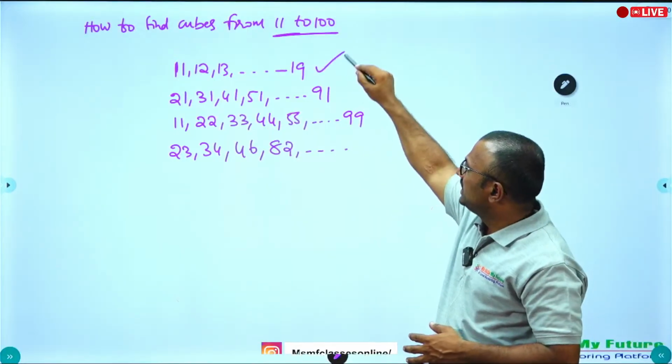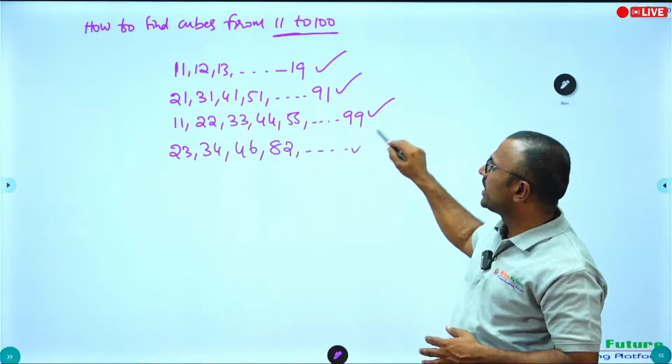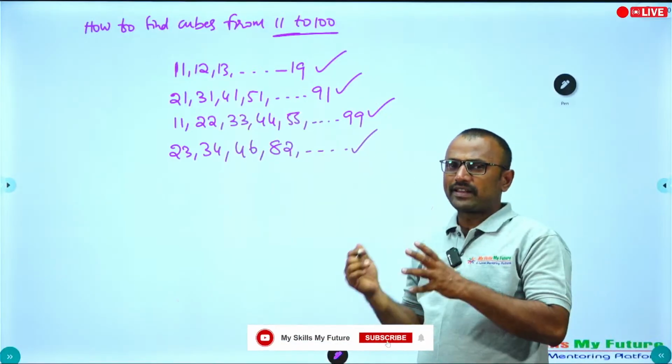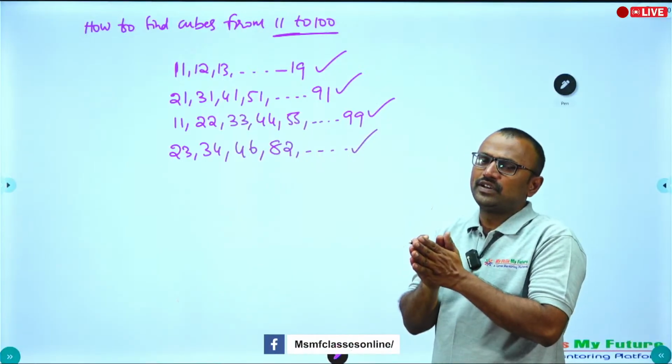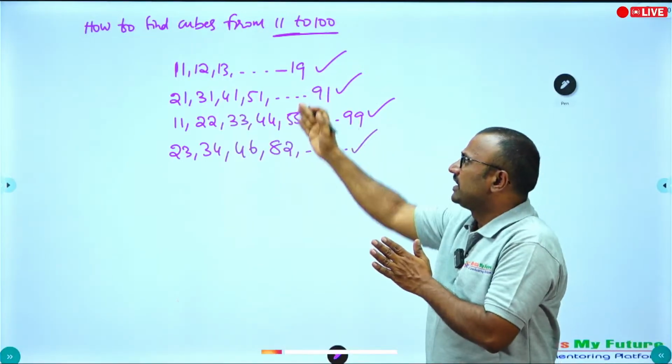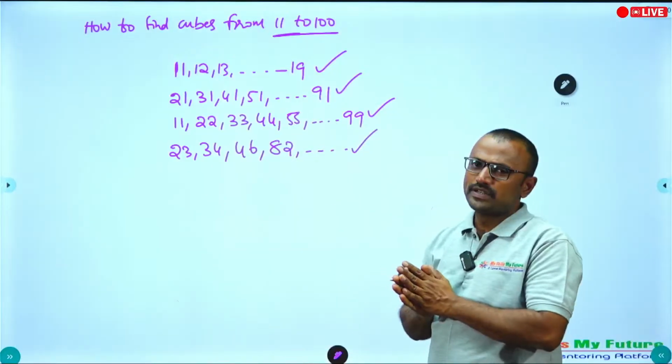So, these have simple techniques to find cubes. The background work is the same, but to save time for certain cases we classified the numbers in 4 ways.